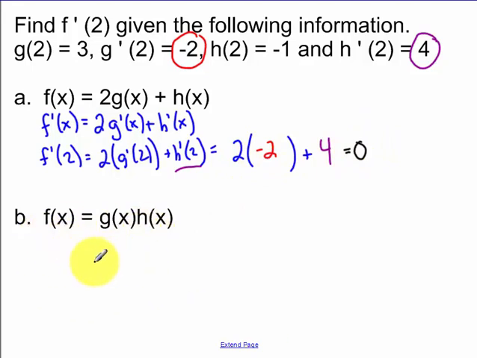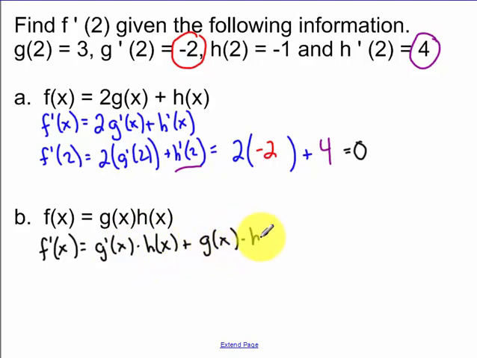Now for the bottom one, you can't just take the derivative of g and h. Remember, it's our product rule. Derivative of the first, leaving the second alone, plus leaving the first alone, derivative of the second. Now plug in.